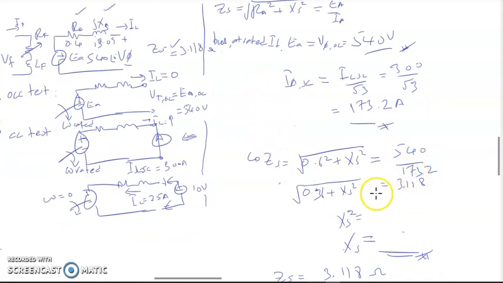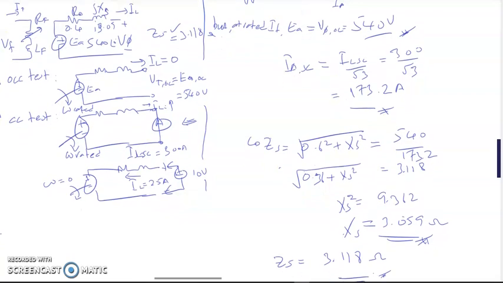So we calculate the equation: 0.6 squared plus XS squared equals 540 divided by 173.2. We solve for XS, and we shall get XS squared is equal to 9.362. Solving, we shall get 3.059 ohm for XS.